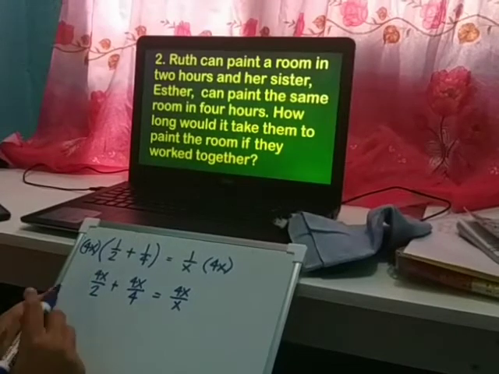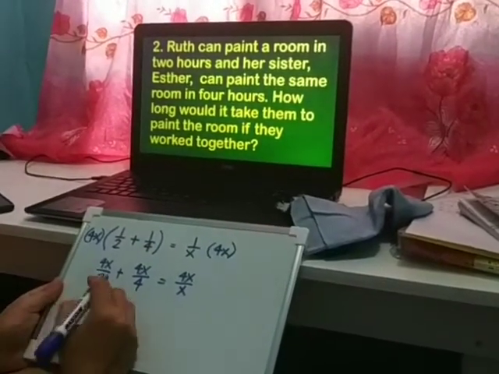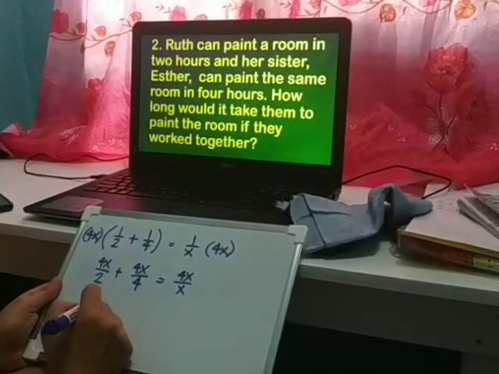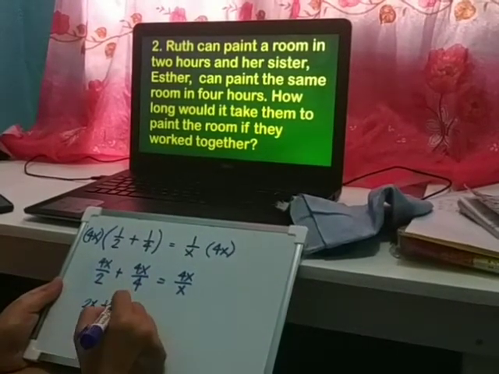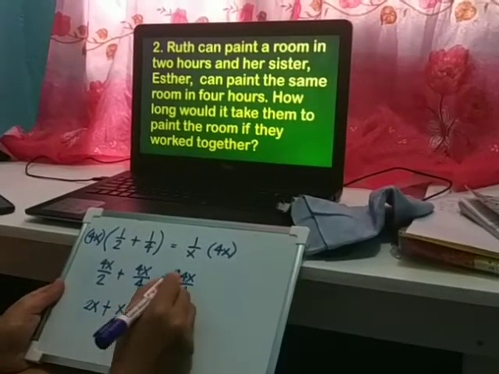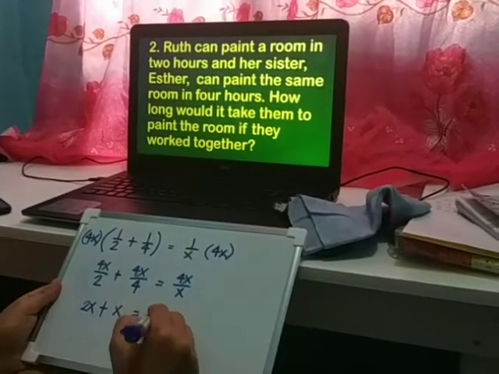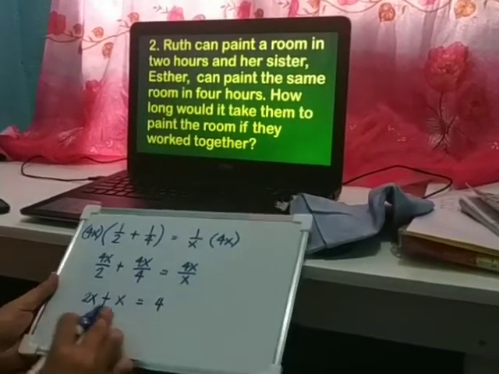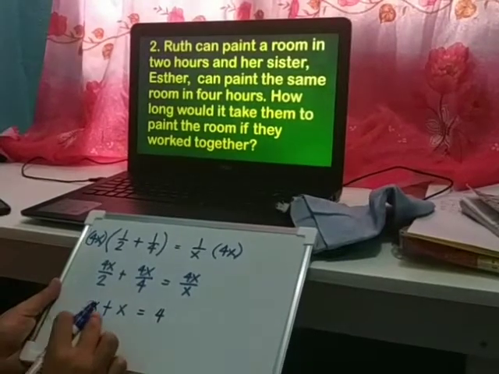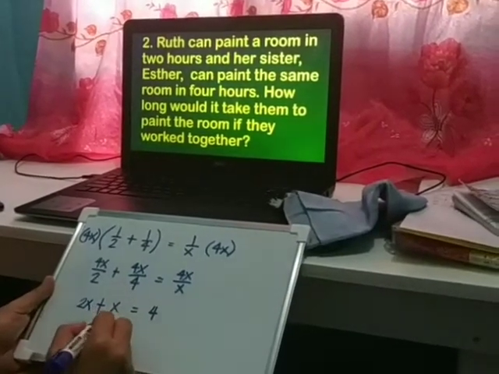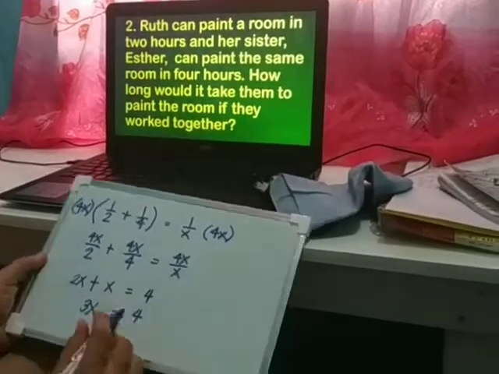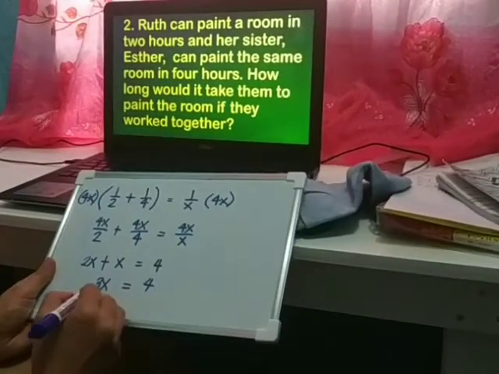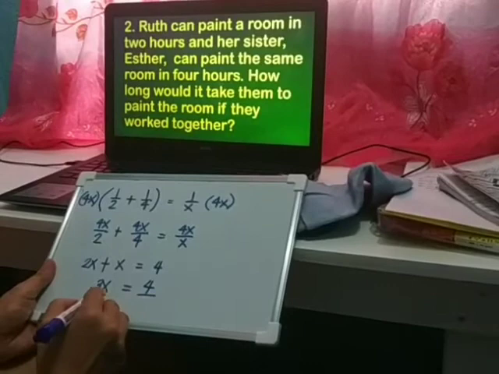Let's simplify them. 4x divided by 2 is 2x, plus 4x divided by 4 is x. And then 4x divided by x is 4. Add them. 2x plus x, that's 3x, equals 4. Then to solve for x, we have to divide both sides by 3.